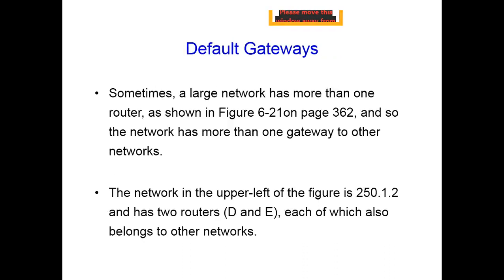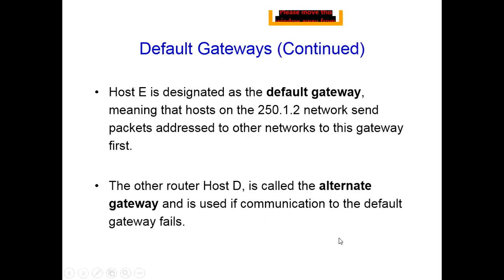Yung default gateways naman natin, sometimes a large network has more than one router. Yan. So the network has more than one gateway to other networks. So ano ba yung gateway na yan? The network in the upper left, yan, has two routers D and E, each of which also belongs to another network.